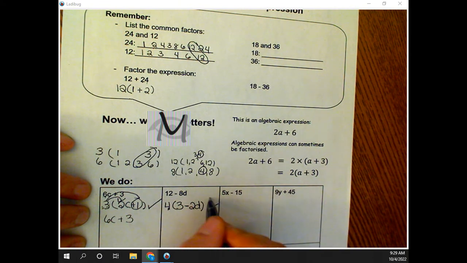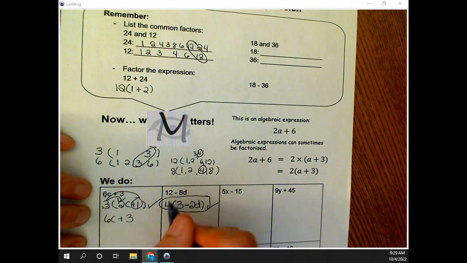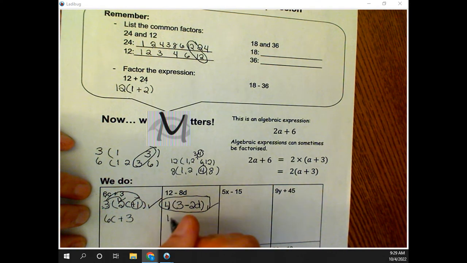So this should be my answer, but let's go back and double check. 4 times 3 is what? 12. 4 times negative 2d is what? Negative 8d. So this works.